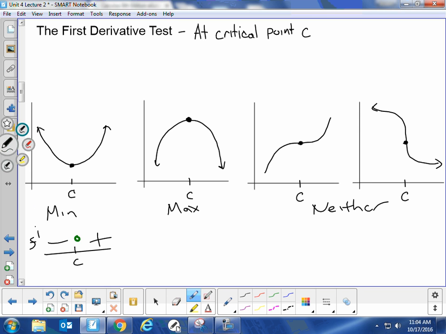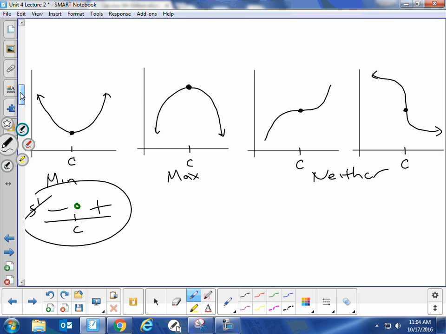And that here will tell you that C is the location of a min, because f is going to be decreasing until C, and then f is going to be increasing, which means C is the location of a min. This is what we will be using. We will not be given this.